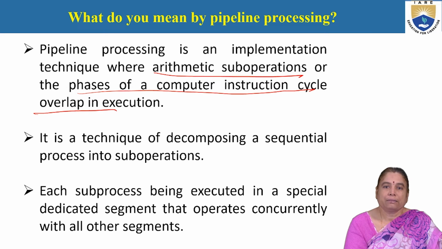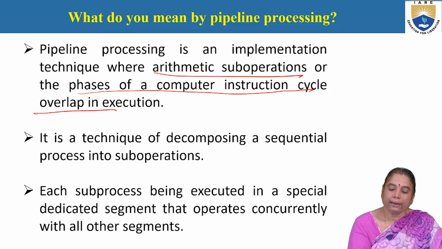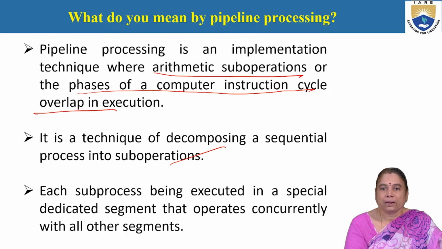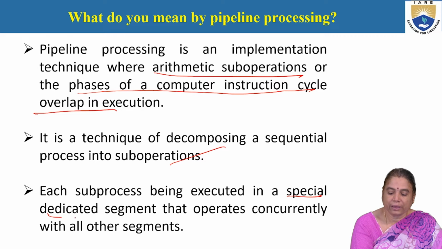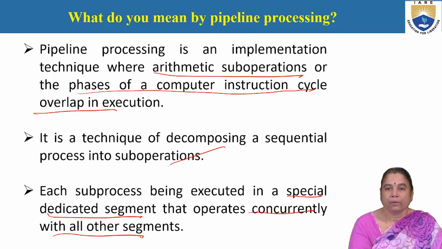Two categories of pipelines are available. One is the arithmetic pipeline, and the second is the instruction pipeline. Pipeline is a technique of decomposing a sequential process into sub-operations. The major computational task is divided into sub-parts, each sub-process being executed in a special dedicated segment that operates concurrently with all other segments, thereby supporting parallel processing.